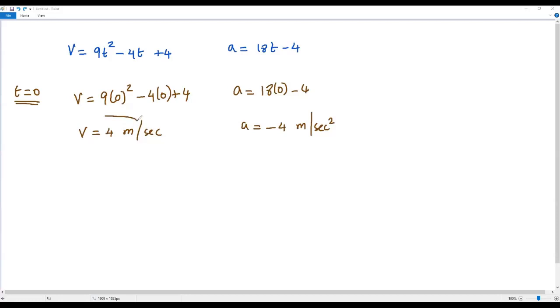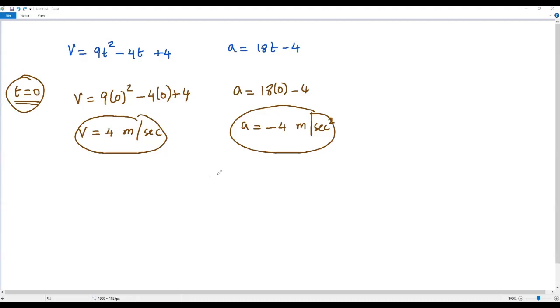The velocity 4 meter per second can also be called the initial velocity, and this acceleration negative 4 can also be called the initial acceleration, because we found them at time t equals 0. Whenever I find velocity at t equal to 0, that is the initial velocity, and the acceleration I find at t equal to 0 is the initial acceleration.